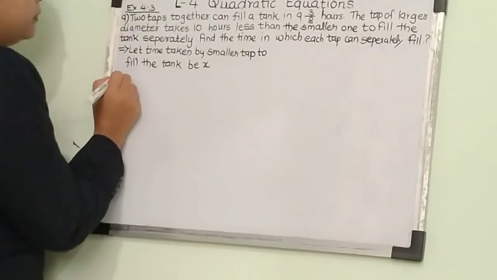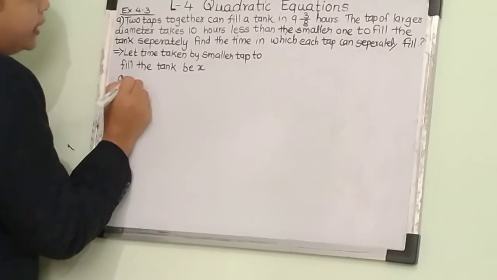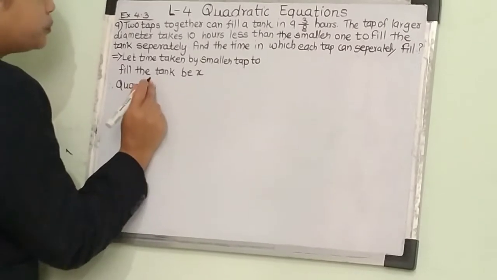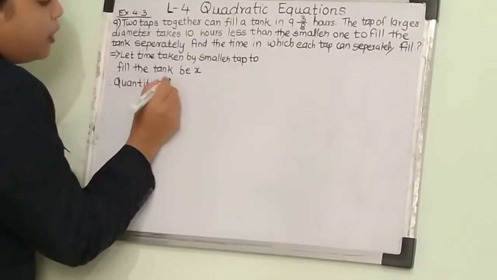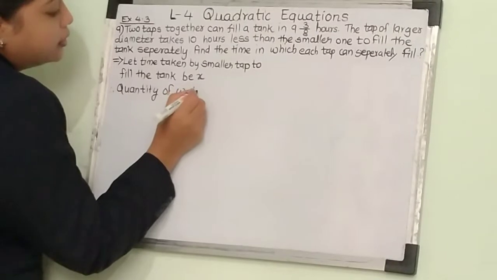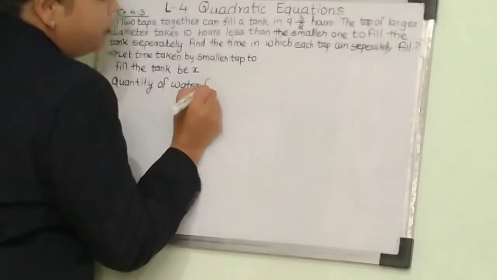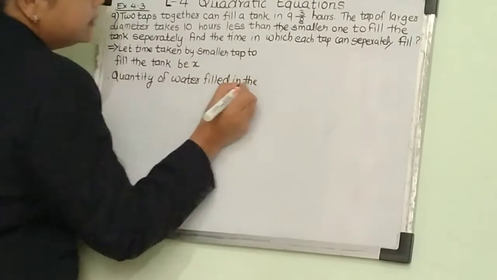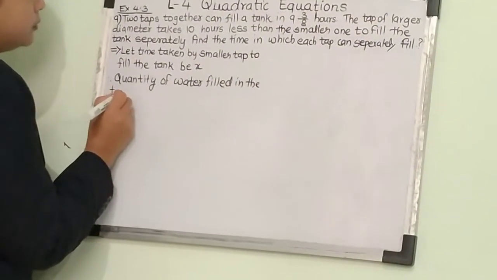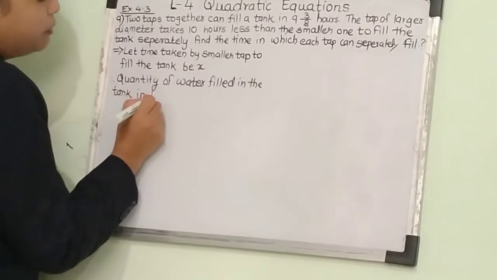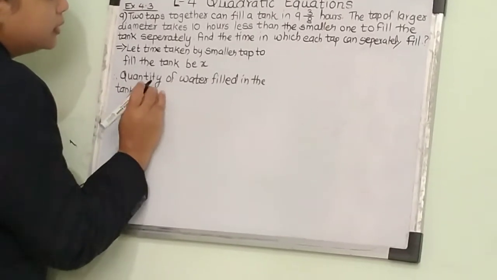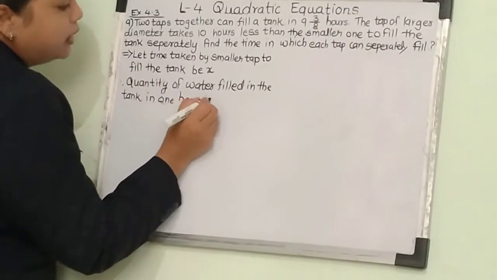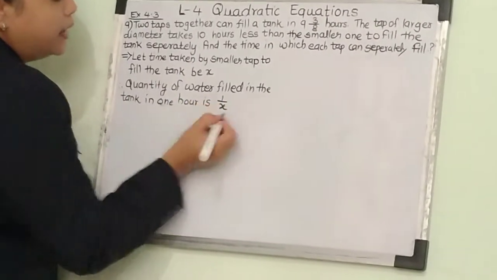So therefore we can say that the quantity of water filled in the tank in 1 hour is 1 upon x.